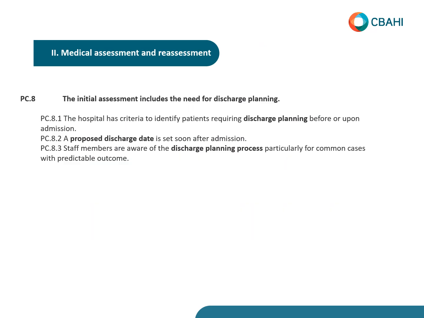PC8 clearly states the initial assessment includes the need for discharge planning. The three substandards show that the hospital has criteria to identify patients requiring discharge planning with a proposed discharge date set soon after admission. Staff members are aware of the discharge planning process, particularly for common cases with predictable outcome.